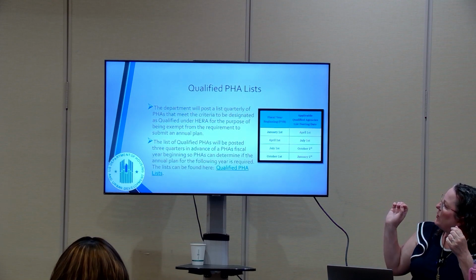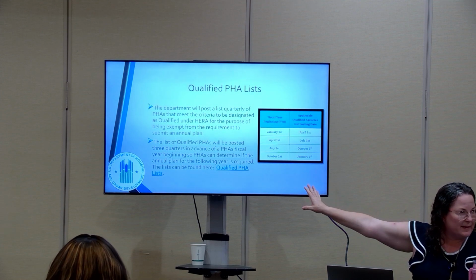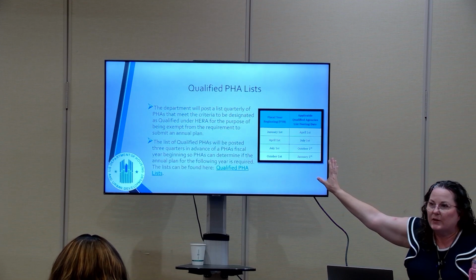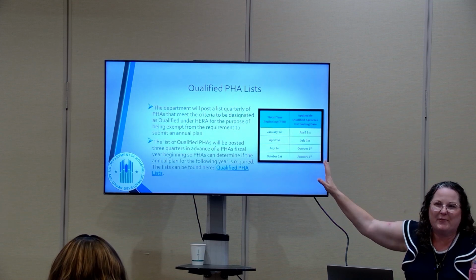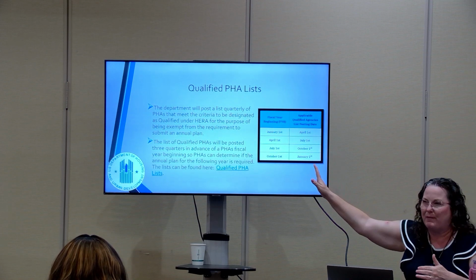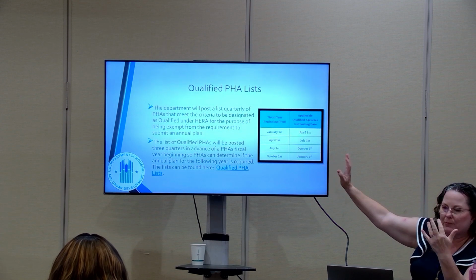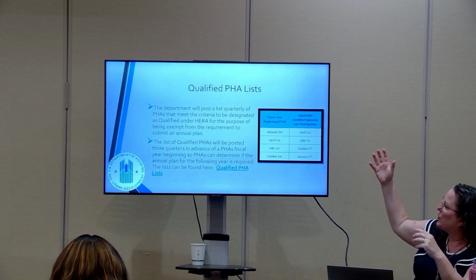So the qualified PHA list. Now, I will admit that this link and this PowerPoint slide was made before the whole website craziness. So I hope this link works. But that was the link of where you would go to find out the qualified PHAs. So if it doesn't work, you can reach out to your field office and we should be able to get you the most current list.